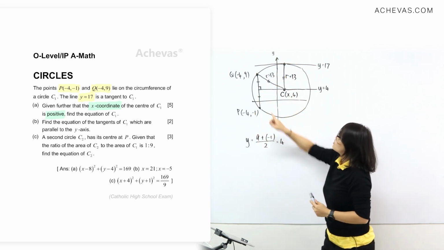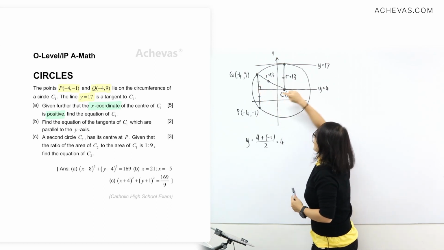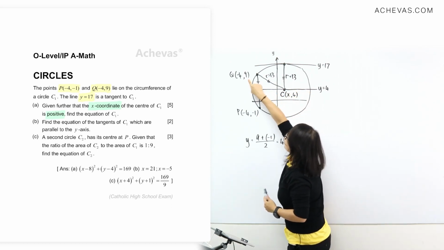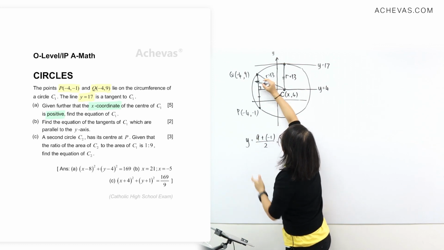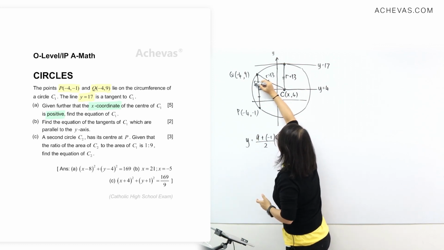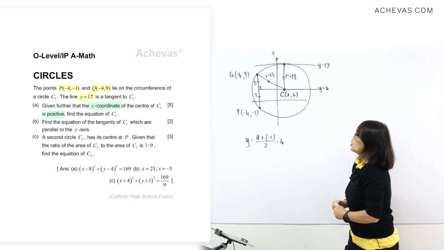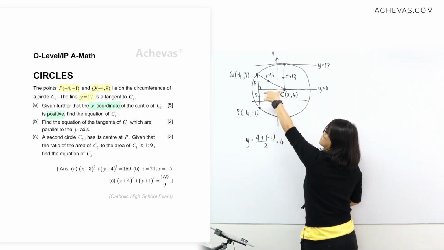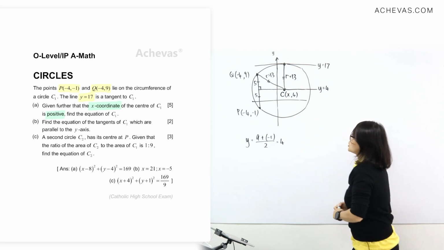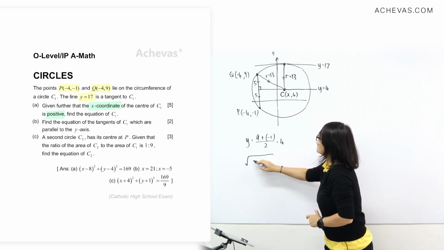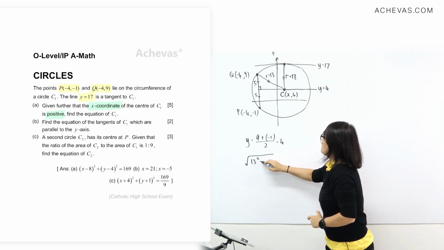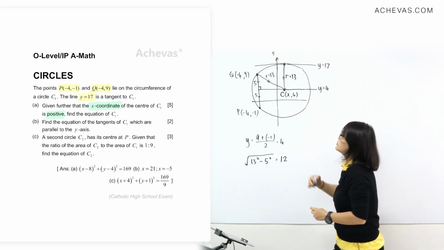Now let's take a look at the right angle triangle here. This one is 4 and this one is 9, so the vertical height here will be 5. So this one is also 5. Now I'm going to use the right angle triangle to help me find the base of the triangle. I'm going to do square root of 13 squared minus 5 squared, which gives me 12.